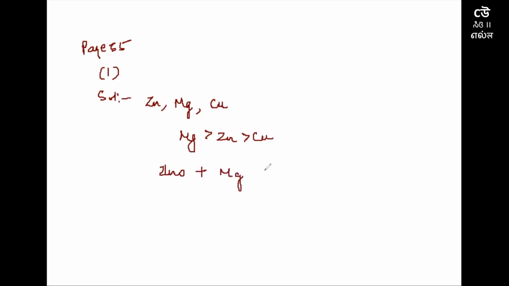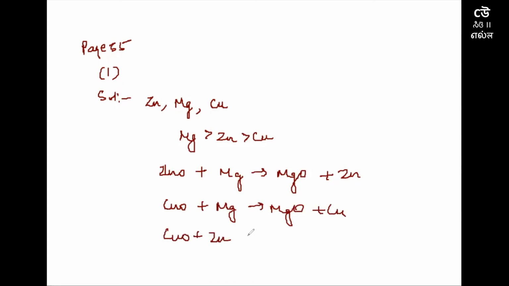The product would be magnesium oxide and zinc. Then there will be no reaction when magnesium oxide combines with zinc or copper. And lastly, if we talk about copper oxide, because copper is less reactive than magnesium as well as zinc, copper oxide, when it combines with magnesium, the product would be magnesium oxide and copper. The same goes with zinc as well. Copper oxide reacting with zinc forms zinc oxide and copper.